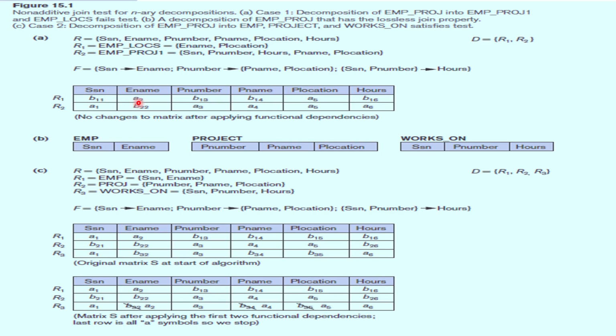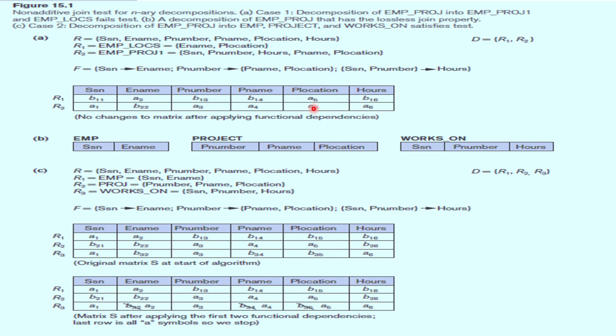So ename is an attribute of R1, so you set the A symbol in the second column, and the next attribute of R1 is plocation, so you rename it as A in the fifth column. In the same way, for R2 you rename its attributes as A j: SSN, A in the first column; pnumber, A in the third column; hours, A in the sixth column; pname, A in the fourth column; plocation, A in the fifth column.